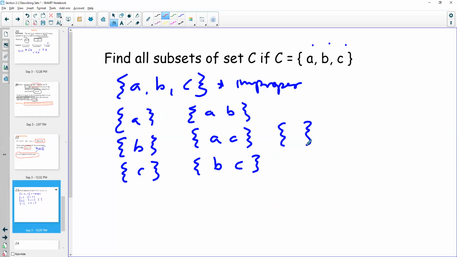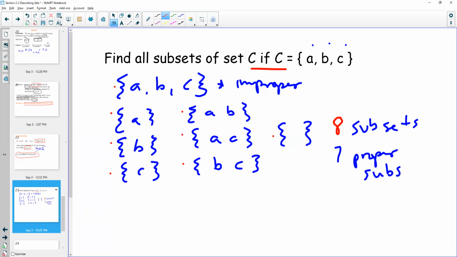That's all of the options. So for this set C, there's 1, 2, 3, 4, 5, 6, 7, 8 subsets. But only 7 of them, remember, are proper subsets. Because that set where I wore everything, that's silly.